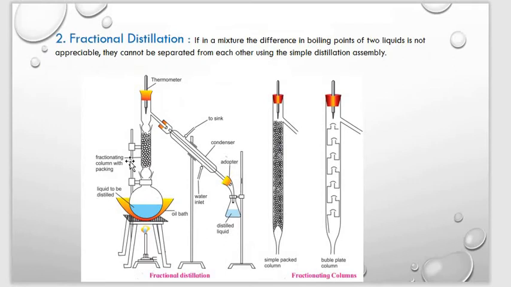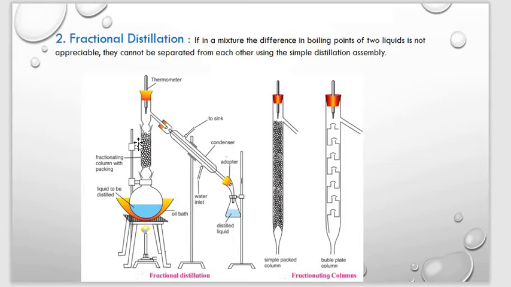Now, fractional distillation. If in a mixture the difference in boiling points of two liquids is not appreciable, they cannot be separated from each other using the simple distillation process. To separate such liquids, the process used is called fractional distillation.